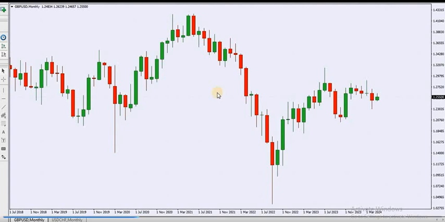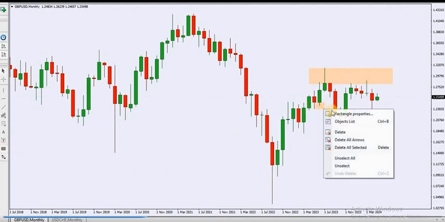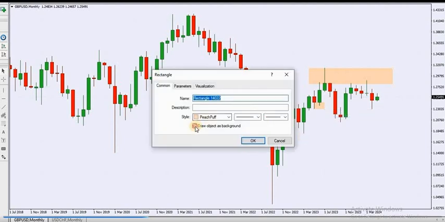So what I am saying is this market tapped into this supply zone, and it gained strength to break this structure. It gained enough strength to break this structure.